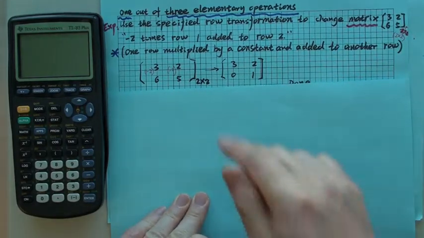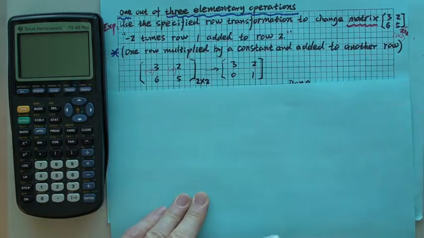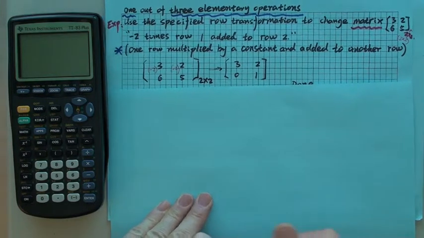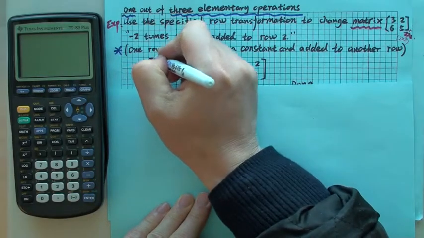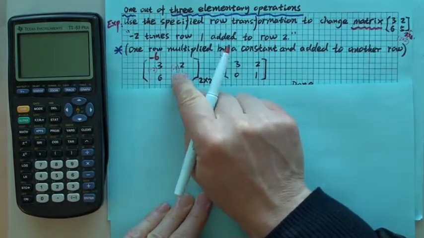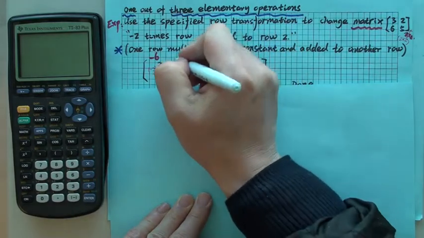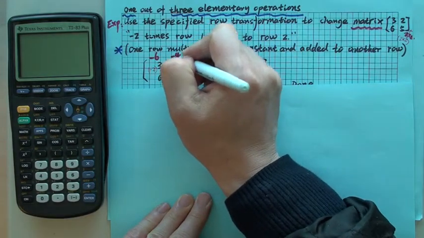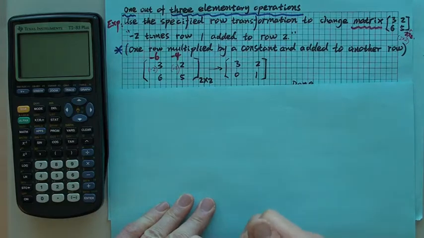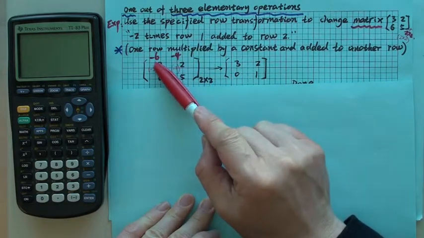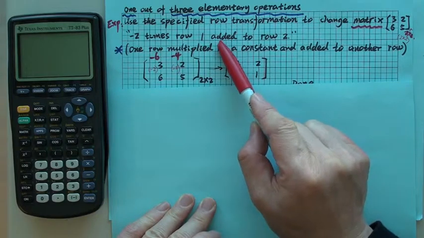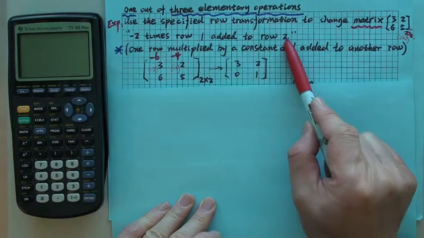Now, -2 times row 1. So what do we get? -2 times 3, you have -6. -2 times 2, you have -4. So we got -2 times row 1, and then it is added to row 2.